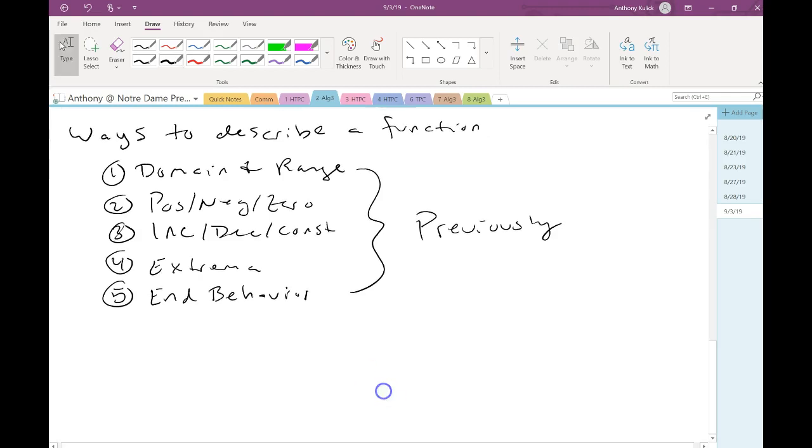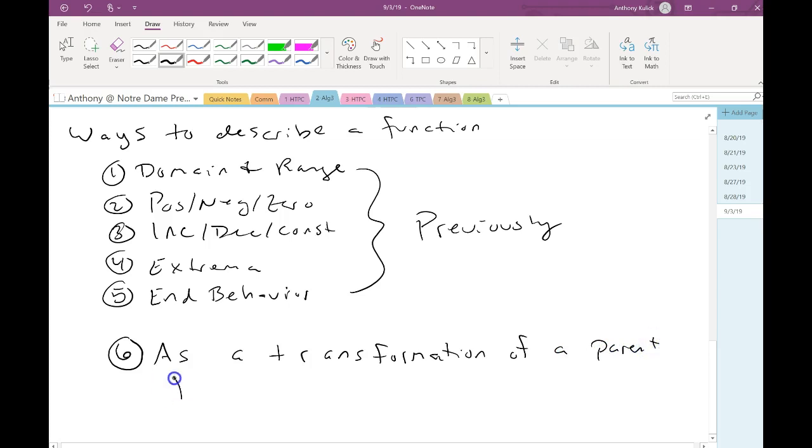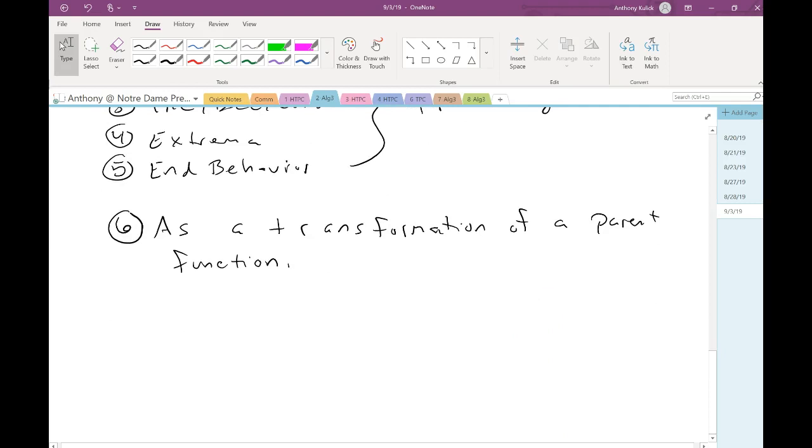And the last topic that I want to talk about here in regards of ways to describe a function is going to be as a transformation of a parent function.